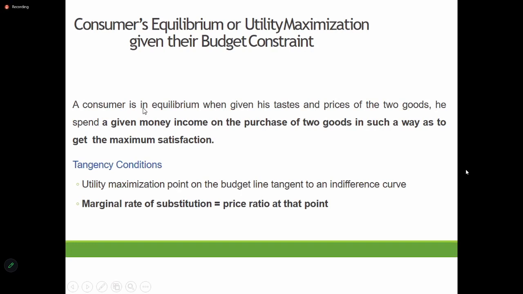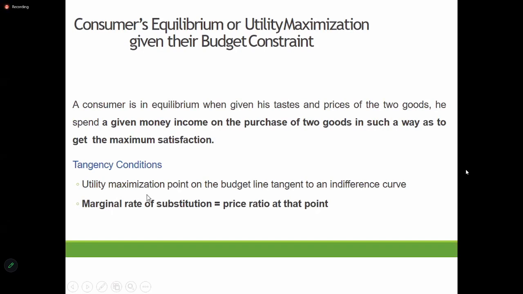A consumer is in equilibrium when, given his tastes and the prices of two goods, he spends a given income on the purchase of these two goods in such a way as to get the maximum satisfaction. The utility maximization point is where the budget line is tangent to an indifference curve.